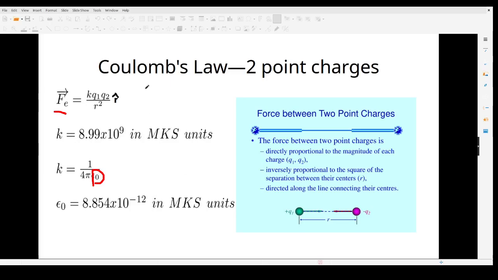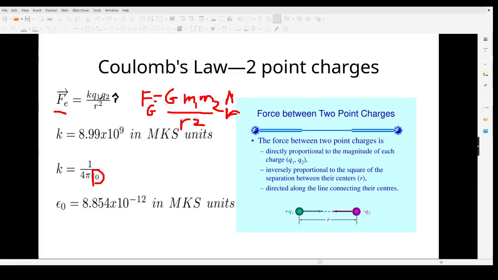Notice this is similar to the gravitational force, and they are both inverse square laws. And this also goes in the direction of the two bodies.